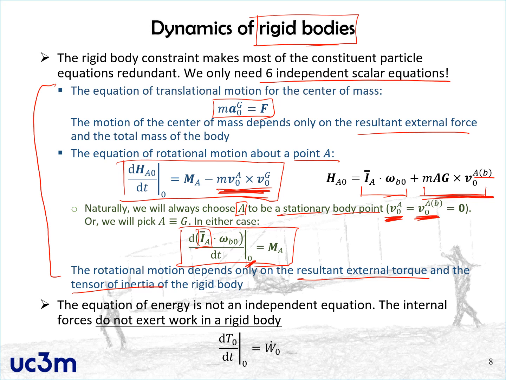However, in some situations, it is useful to replace some of the 6 equations over here with the one that you have over here. Now, importantly, since in the case of the rigid body, the distance between any 2 points of the rigid body remains constant over time, the internal forces, although they are not 0, do not exert any work on the rigid body. So the equation for the kinetic energy is simplified into this expression.